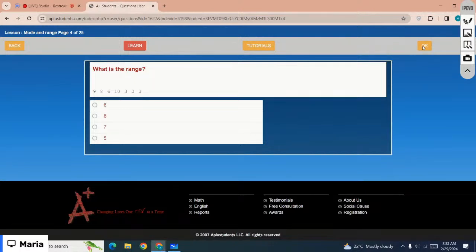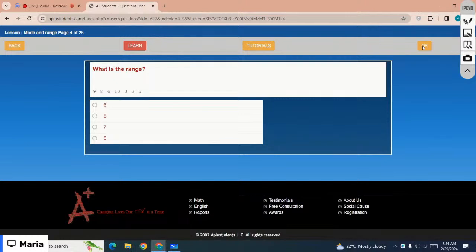What is the range? Range is the difference between the largest number and the least one.